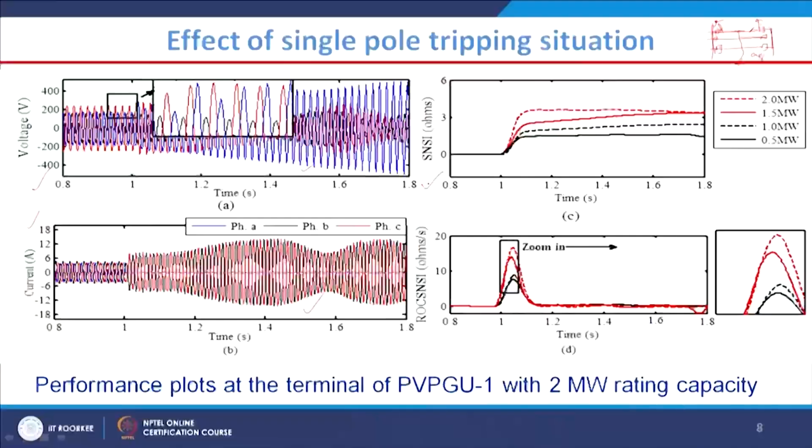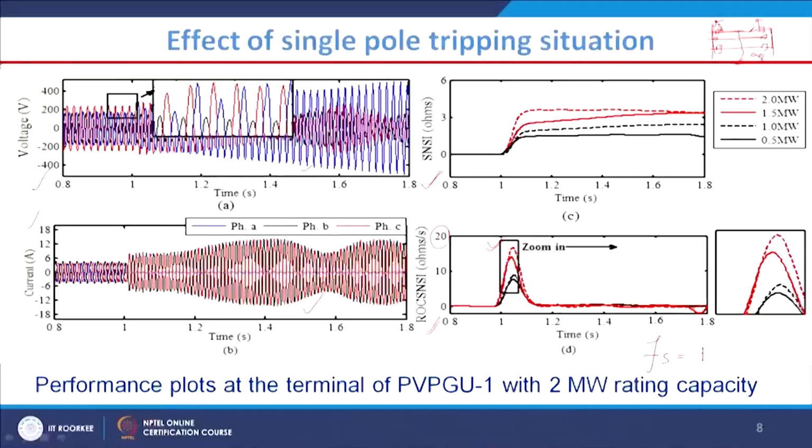This is the corresponding SNSI, the superimposed negative sequence impedance, and this is the rate of change of SNSI. See, the value of this ROC SNSI is well within 20, because 20 is our threshold for a 1 kilohertz sampling frequency. I will also discuss in further sections that the sampling frequency also decides the threshold. If the sampling frequency is different, obviously my delta t is also going to be different, so my threshold is going to change.